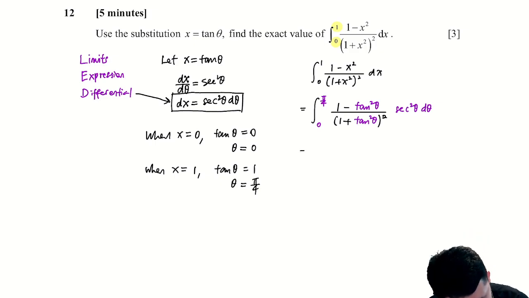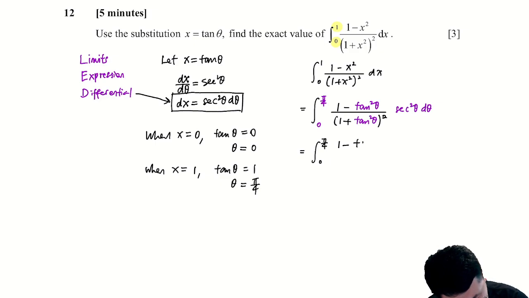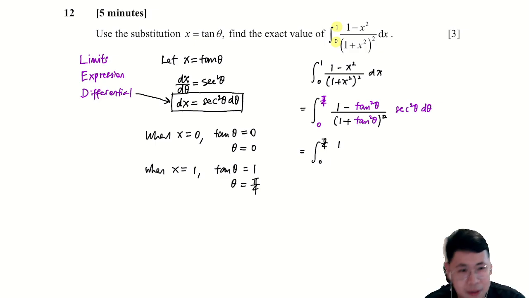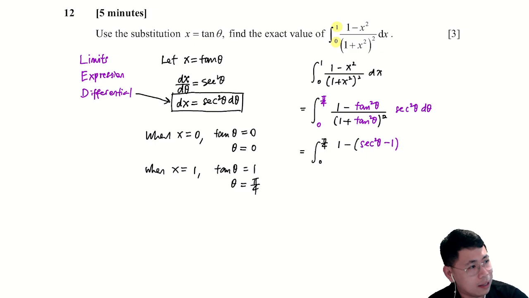Okay, so let me do some simplifying. On top, there's nothing much to simplify yet, but maybe I can try to make it secant square, because for tangent square we cannot integrate directly. So I'll try to get the secant square out first. I'll replace this with secant square theta minus 1.